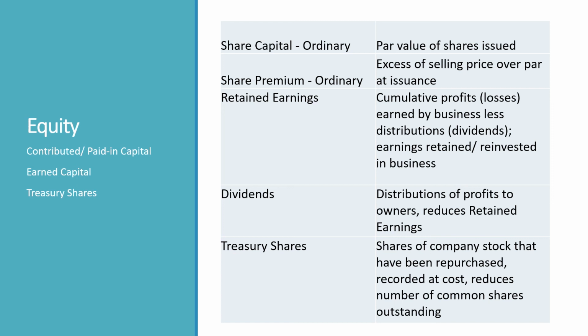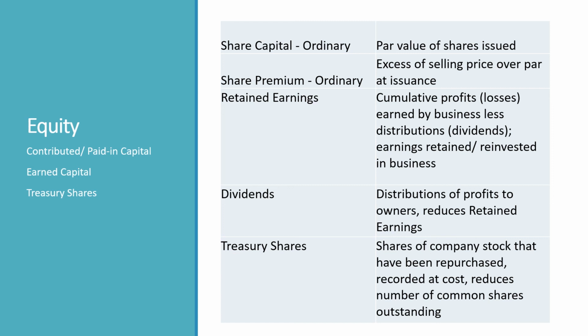What is in retained earnings is the cumulative profits or losses earned by the business, less any distributions or dividends that is paid out. So in other words, retained earnings is the profit or earnings that has been retained and reinvested in the business. And in that sense, it's considered a source of financing because we're taking a portion, or perhaps all of our profits, and reinvesting them in the business.